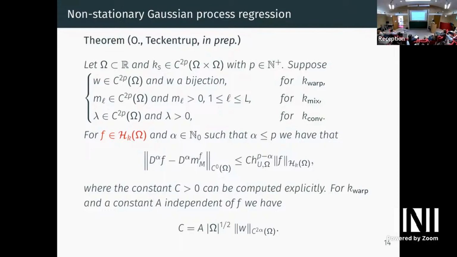So you mean in a certain part of your domain? You're looking for the maximum error that you get over the whole domain, and you bound that with this type of estimate. Yeah, that's fine.